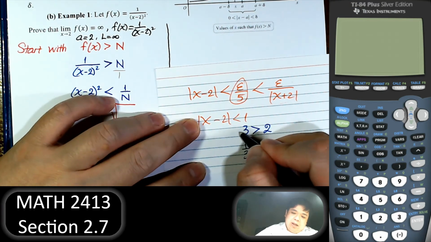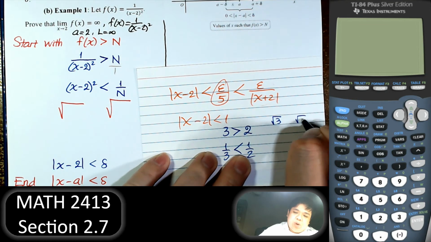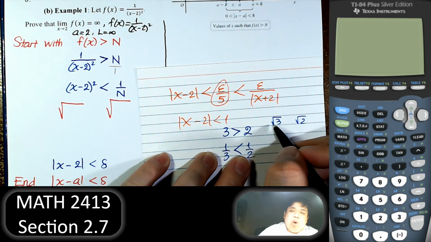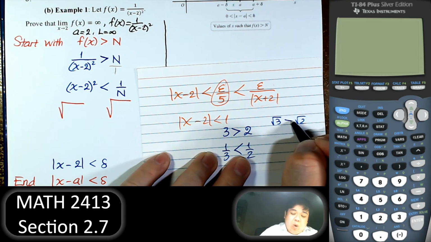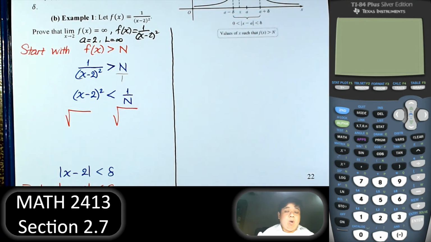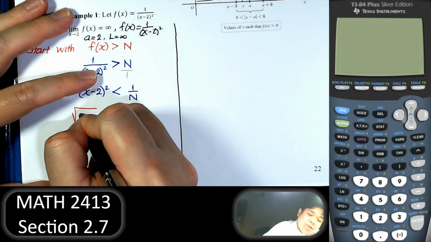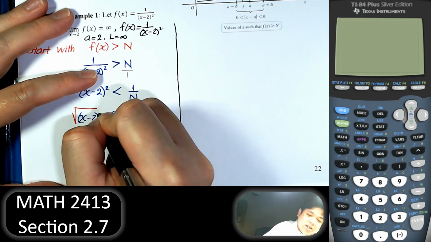Right. 3 is greater than 2. How about the square root of 3 and the square root of 2? Which one is greater? Square root of 3 is 1.7 something, square root of 2 is 1.4 something. So the inequality still stays. So when we take the square root on both sides and all of them are positive, the inequality will stay the same.